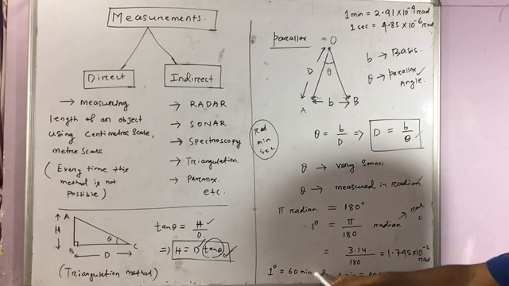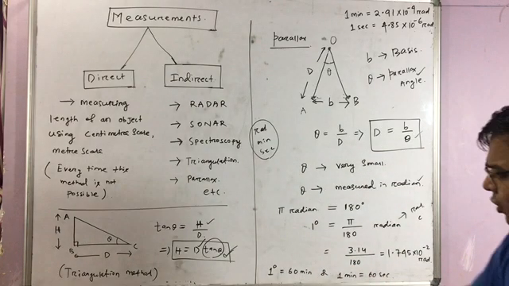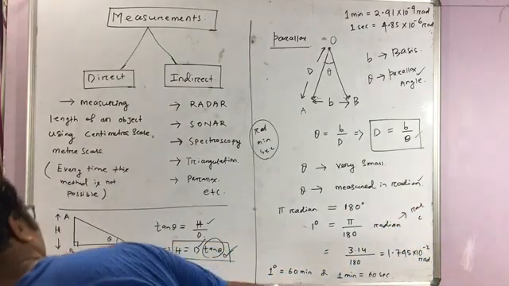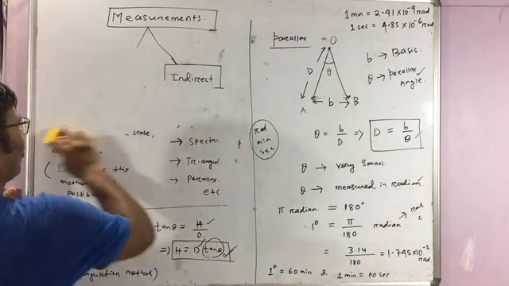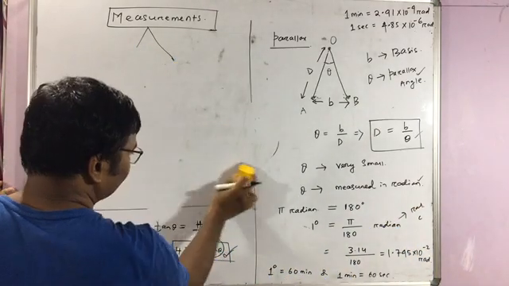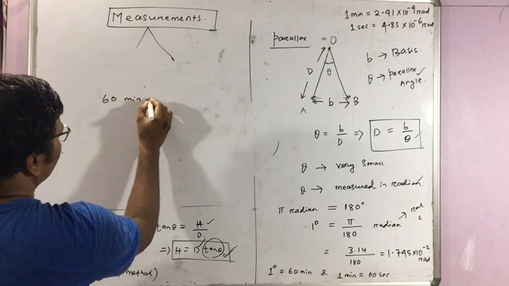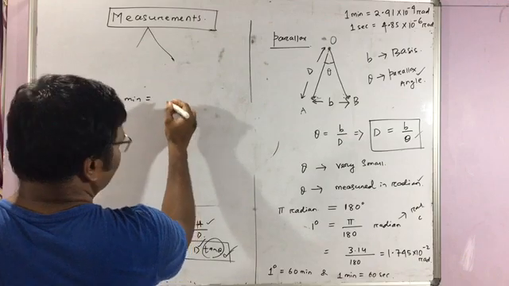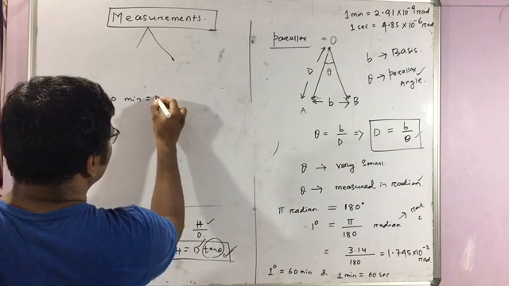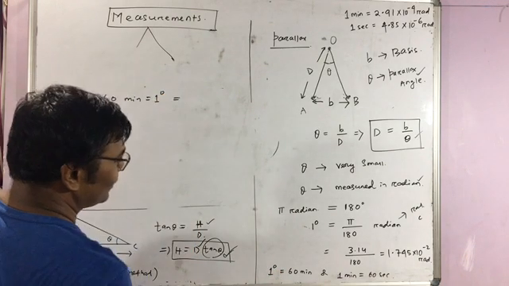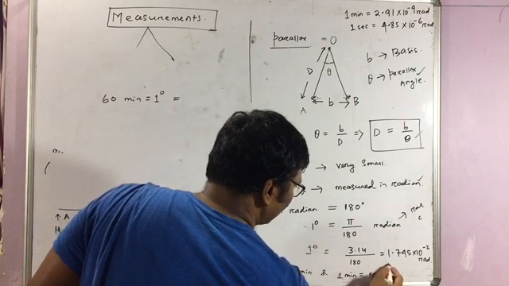Clear? And if you use these two conversion factors, like 1 degree is equal to 60 minutes, means 60 minutes is equal to 1 degree, and we know 1 degree is equal to this much radian.